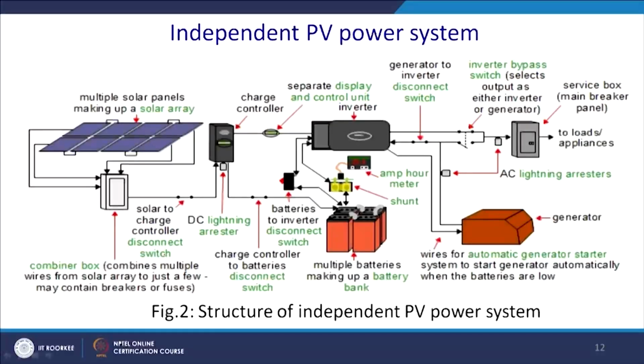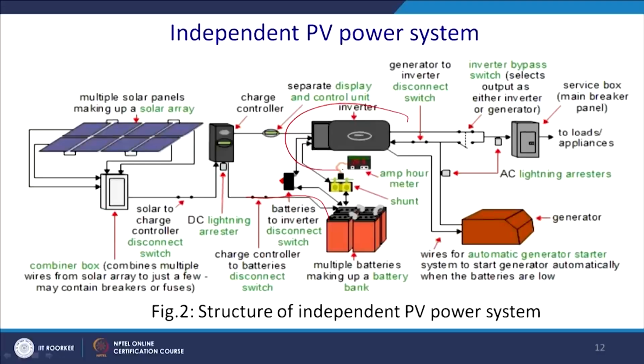Thereafter, a solar charge controller with a disconnect switch. Then you have a DC lightning arrestor. Thereafter, you have the charge controller to the battery with disconnect switches. You have parallel operation. Then you have a separate display and control unit.